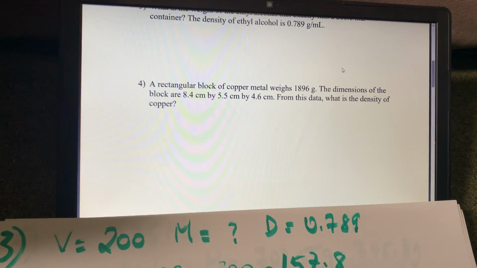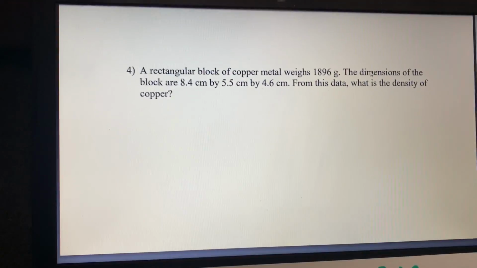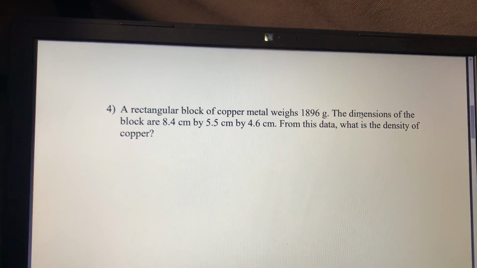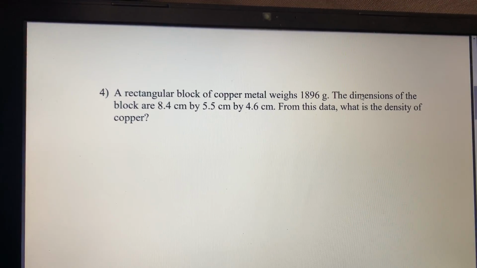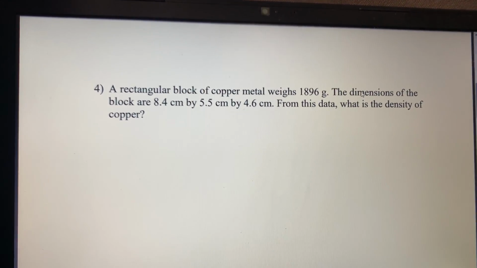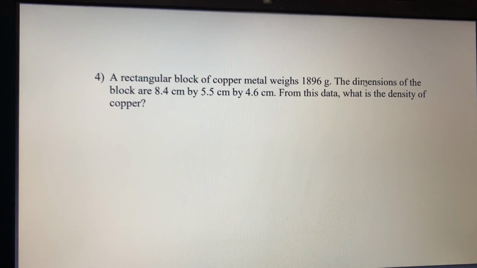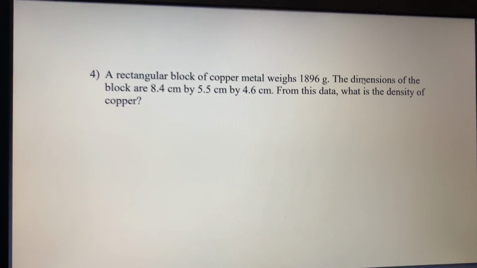Number 4 says a rectangular block of copper metal weighs 1896 gram. The dimensions of the block are 8.4 centimeter by 5.5 centimeter by 4.6 centimeter.